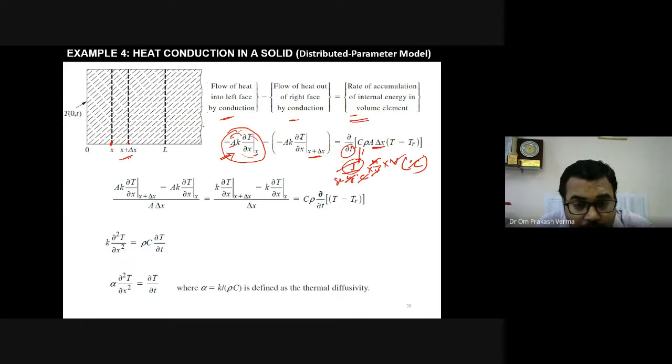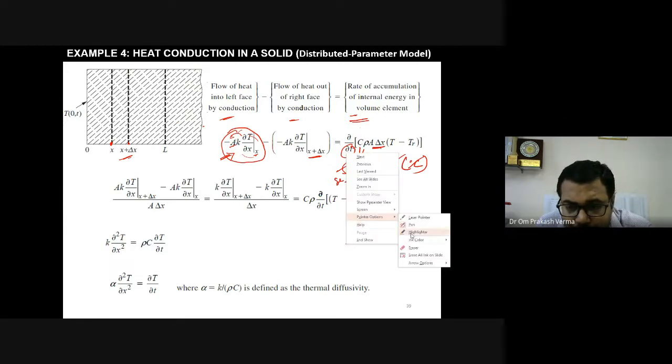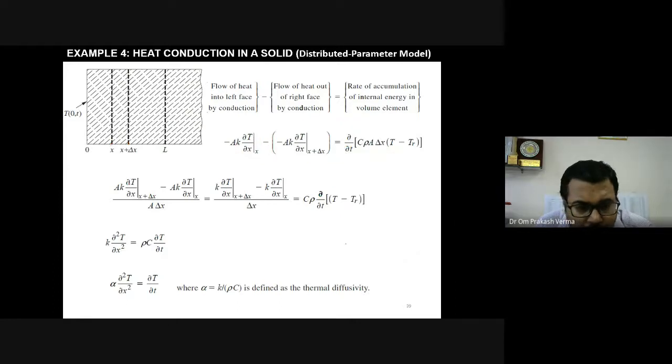Now see very carefully what I am writing here. The minus becomes plus, positive: A k del T by del x at x plus delta x minus A k del T by del x at x.